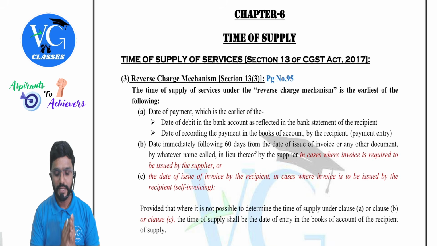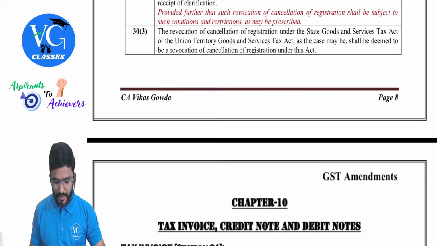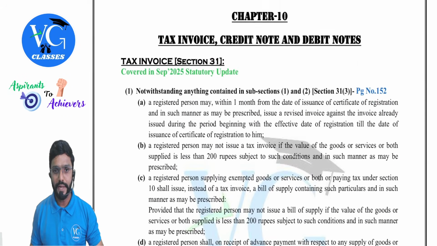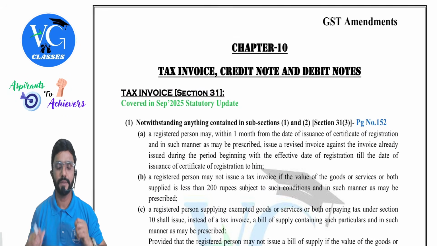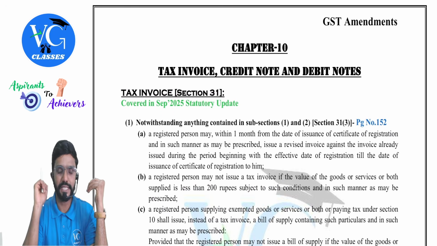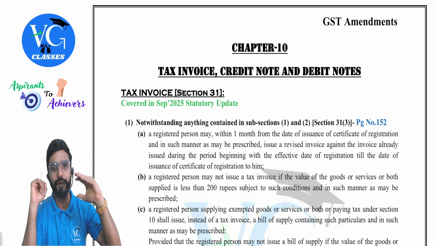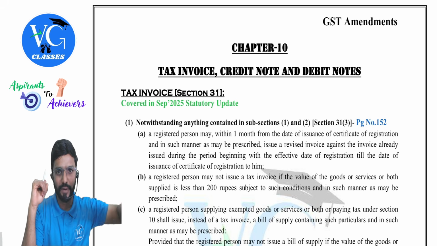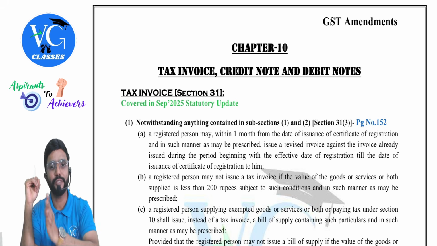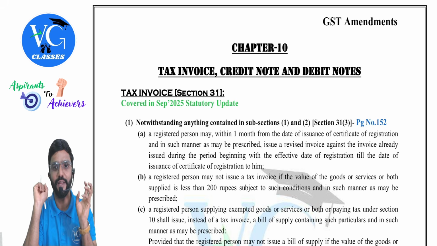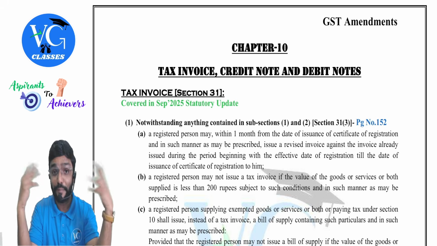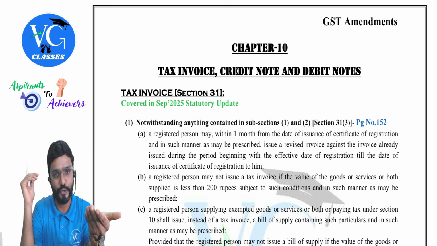Guys, before this, we have an amendment in the invoice chapter. Let us go back. I have already covered this in the statutory update discussion. I am making two separate videos. I have covered the amendments from statutory update separately, and now I am covering the amendments from ICAI study material separately, because you should not get confused.